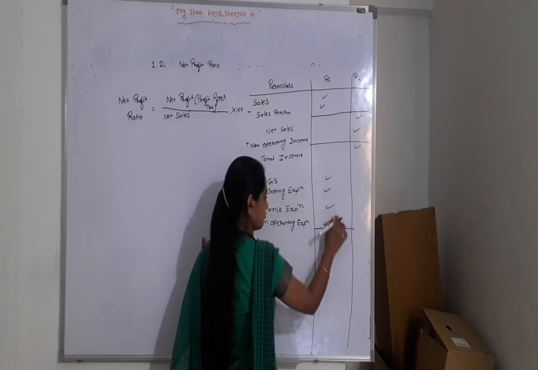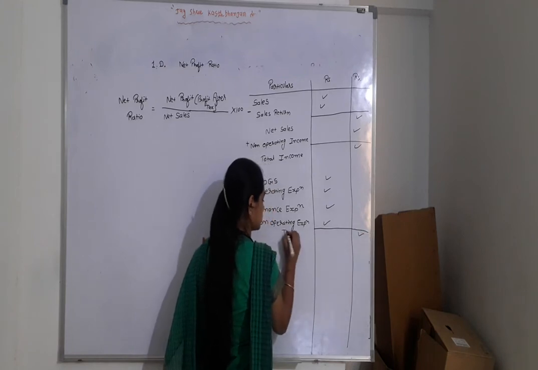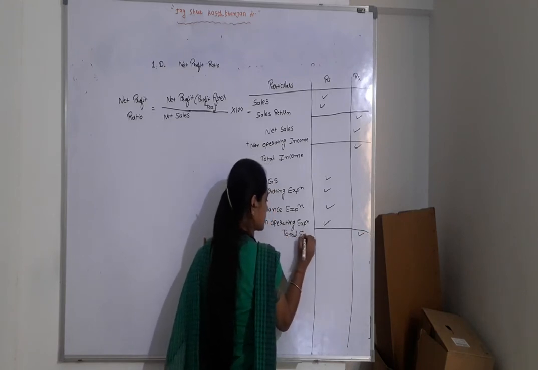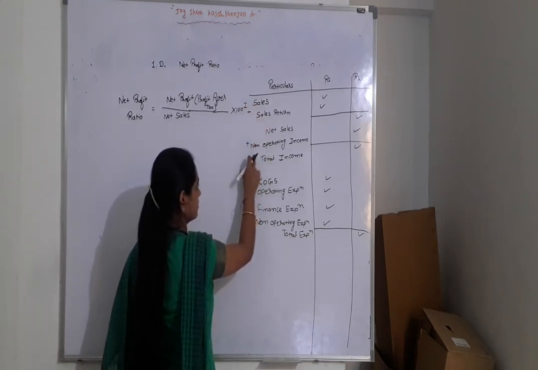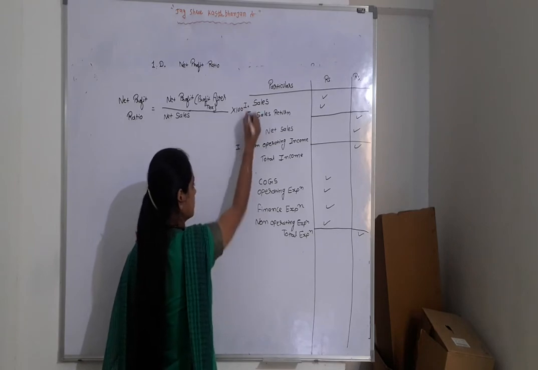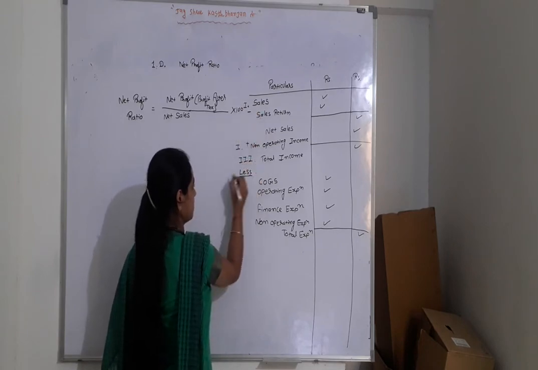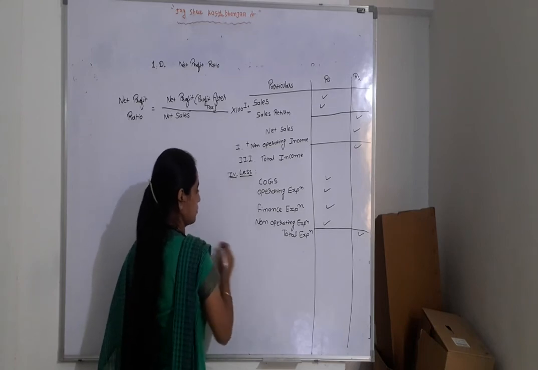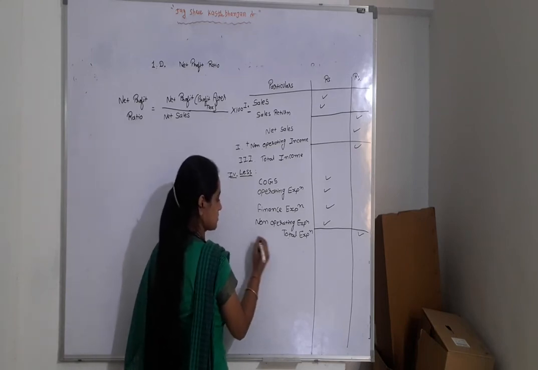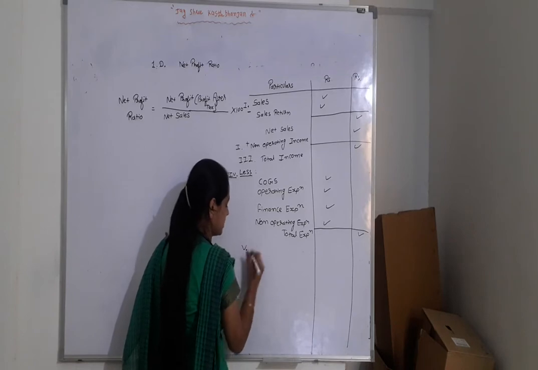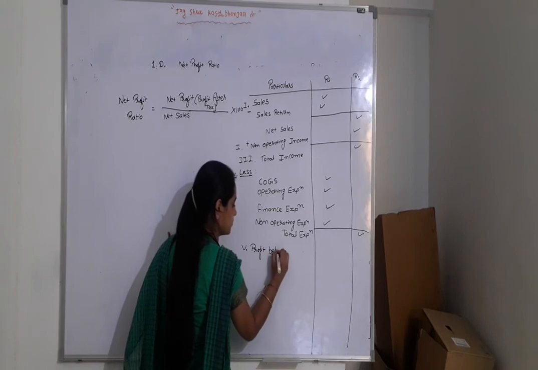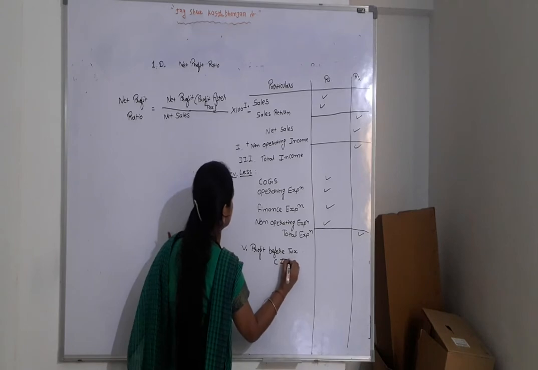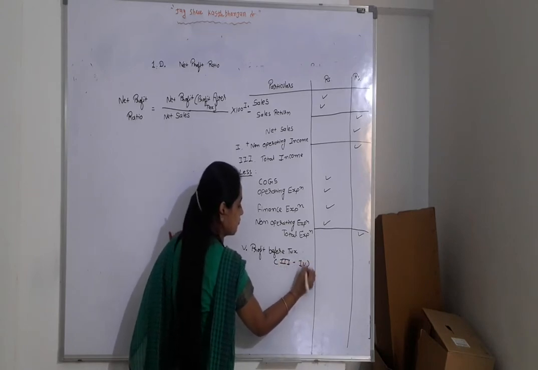Total of 4 is known as total expense. Okay, step number 1, then 2, then step number 3 minus step number 4. That is our answer, total expense. Then we'll get the answer of profit before tax. That means column number 3 minus 4.